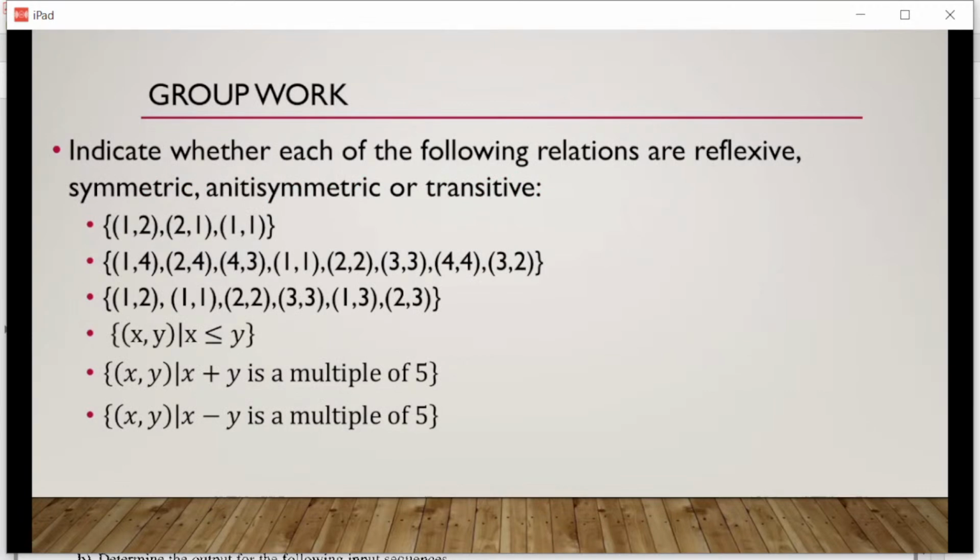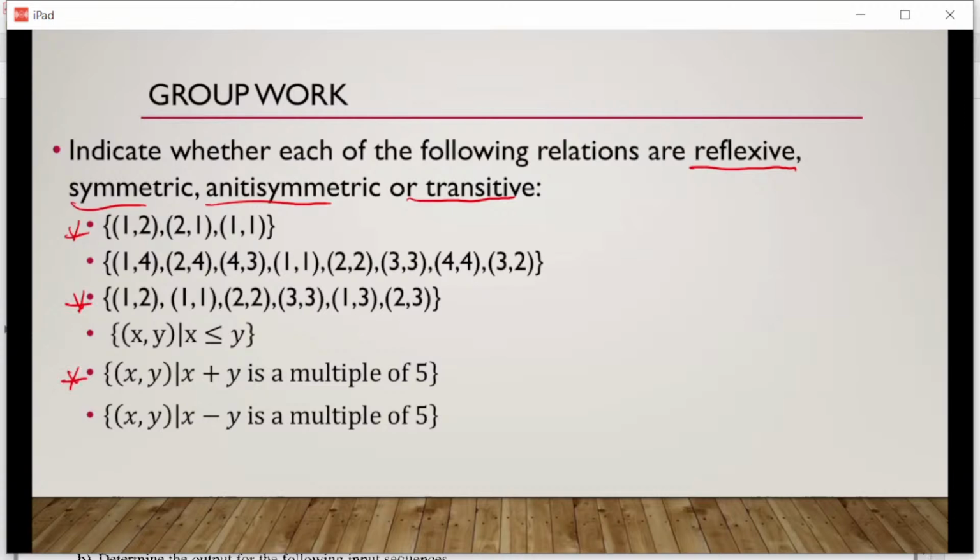So I had some group work here, which we only have 3 minutes for. I want to know whether something is reflexive, symmetric, antisymmetric, or transitive. So you basically are making a chart, which one is which. Let's just do this one here, this one here, and this one here, just to get a quick flavor.